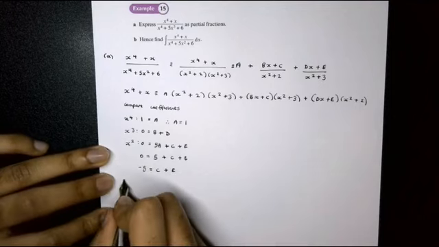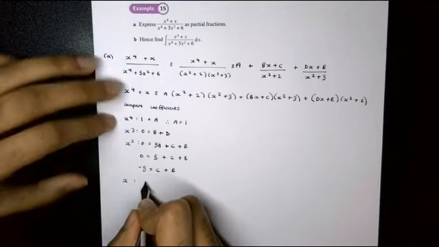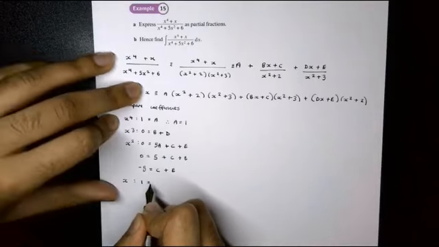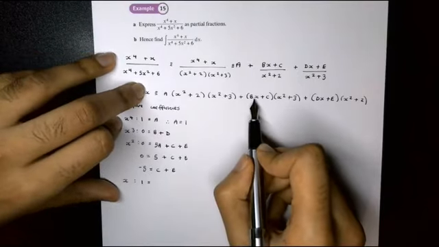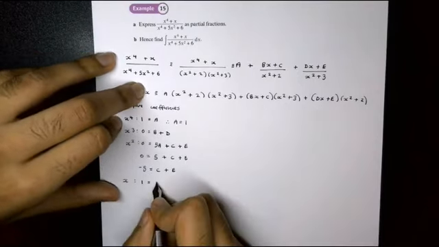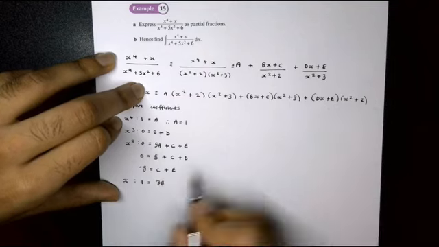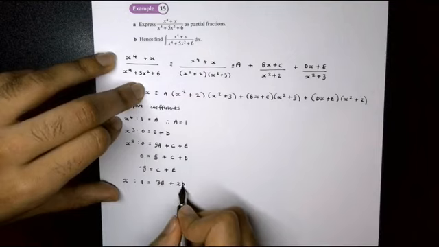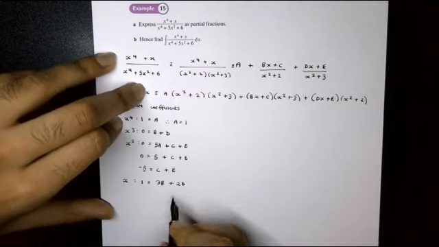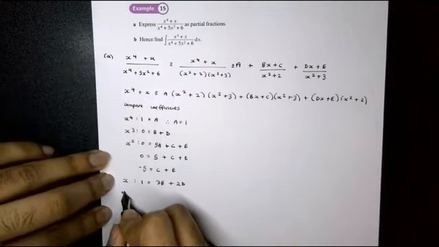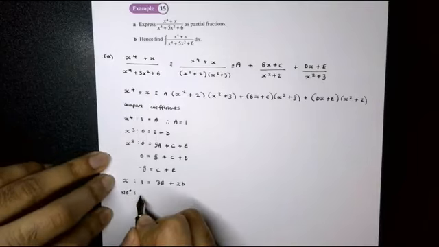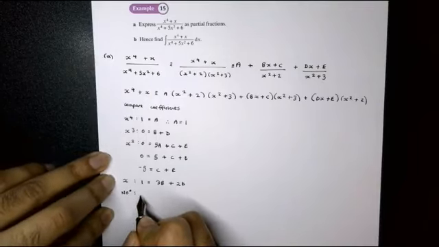And now if we compare the x terms, on the left hand side we've got one of them, and on the right hand side we've got bx times 3, so we've got 3b, and then we've got dx times 2, so we've got 2d. So let's now compare the number terms.